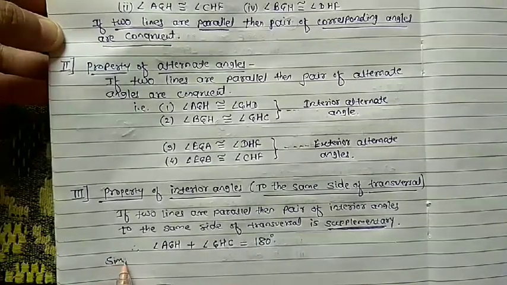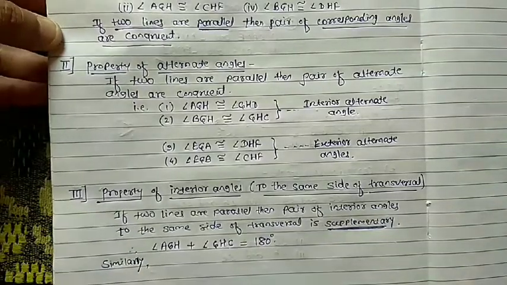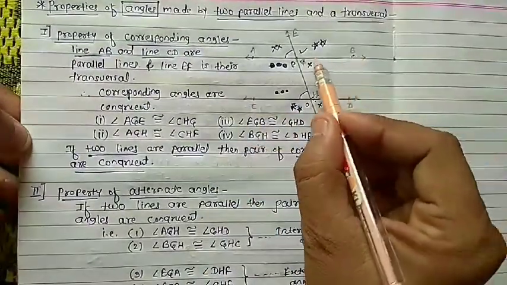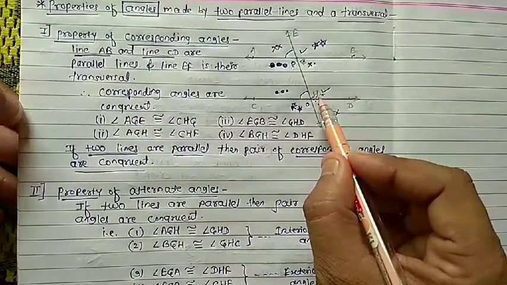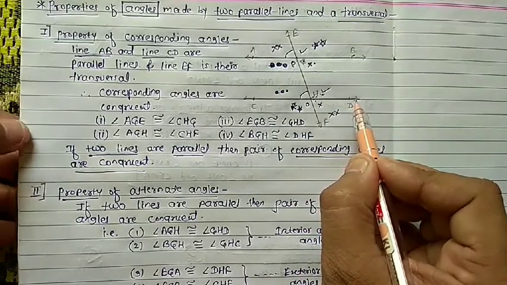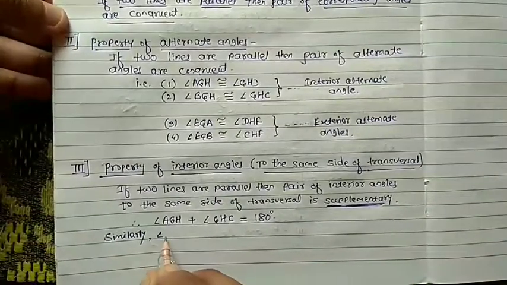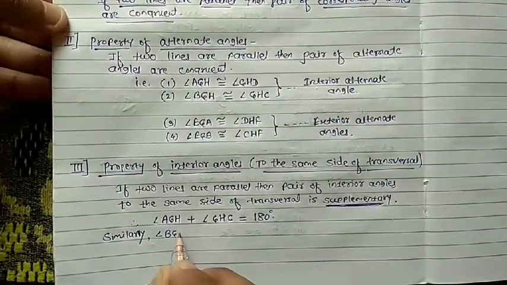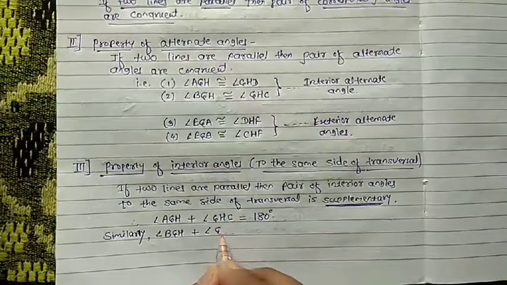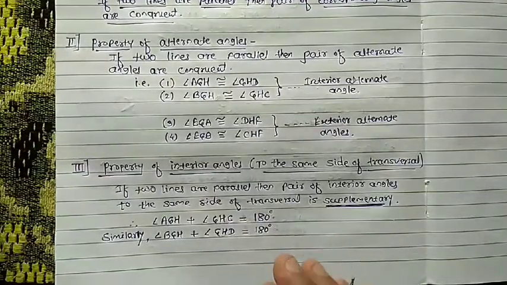Similarly, on the other side of the transversal, angle BGH plus angle GHD is also equal to 180 degrees.